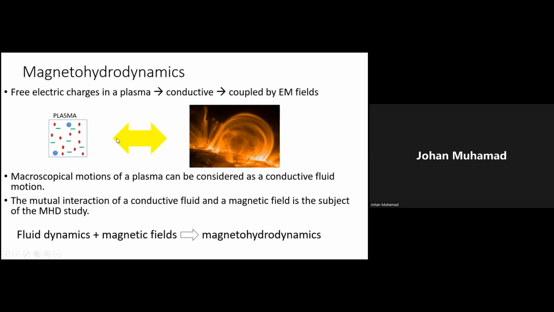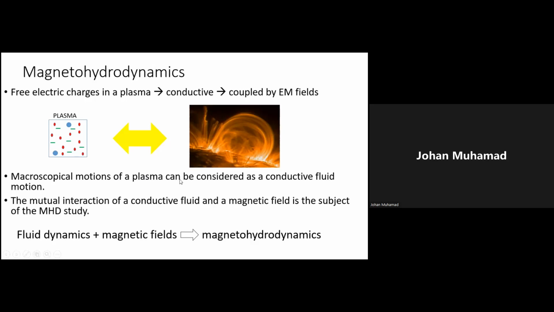If we study the plasma motions and the magnetic fields of the sun as macroscopic motions, we can consider the plasma motions macroscopically as a conductive fluid motion. So we can imagine that plasma is just like a fluid, but very conductive.